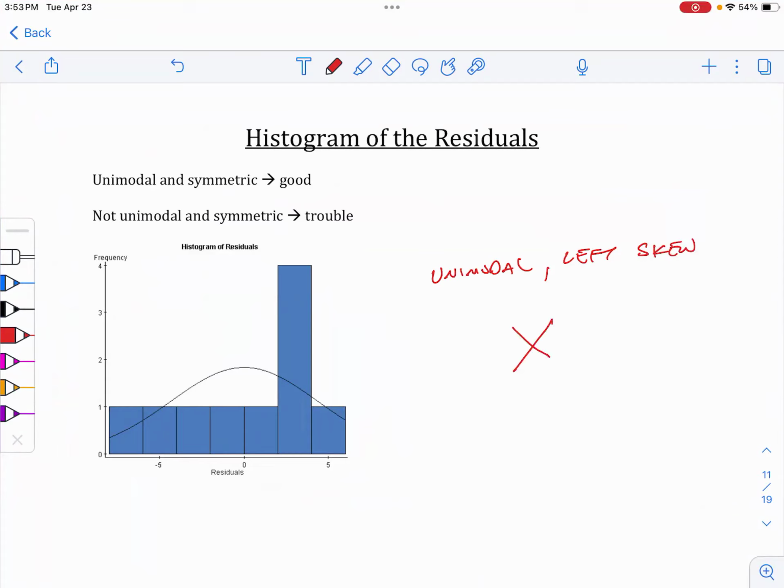So that condition fails. Now, good news, this is an OR condition.